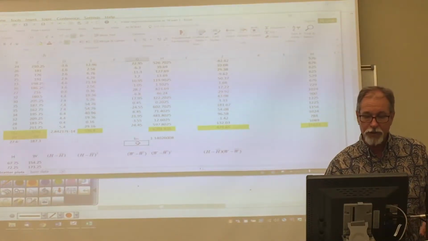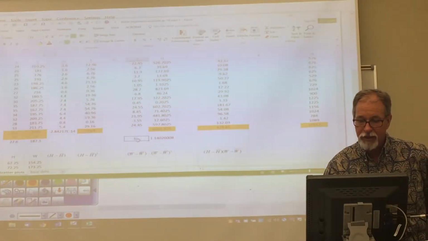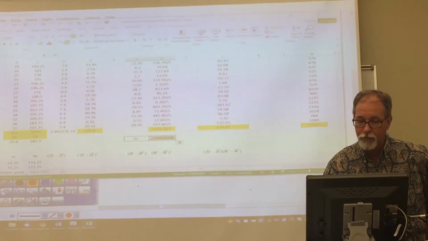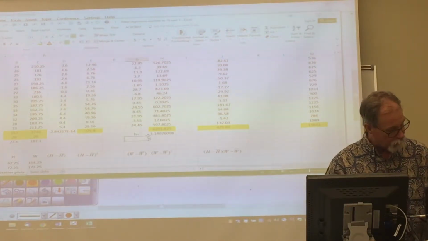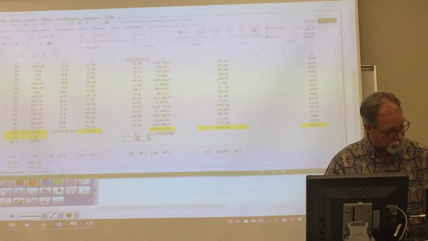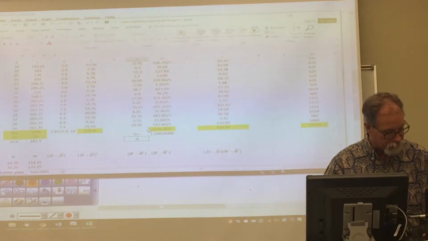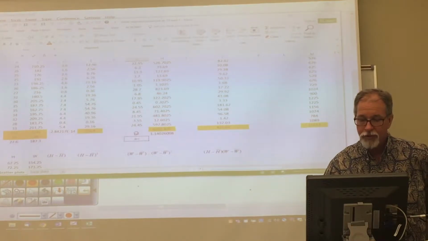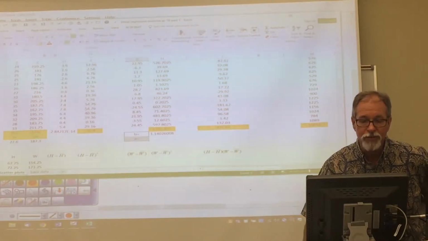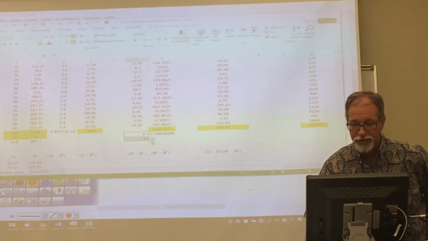Now I'm going to calculate my A, just up one row. Equals, take these two boxes and justify them this direction.